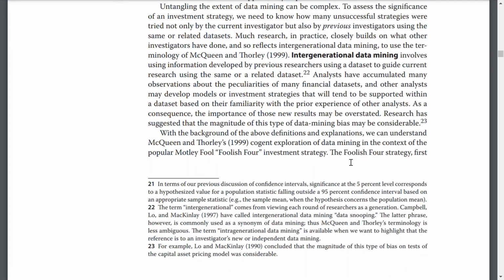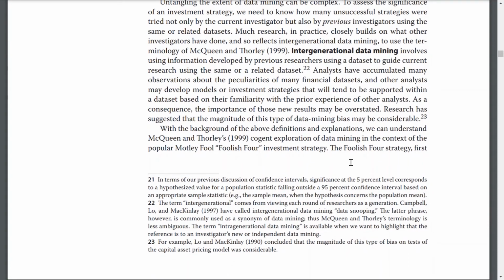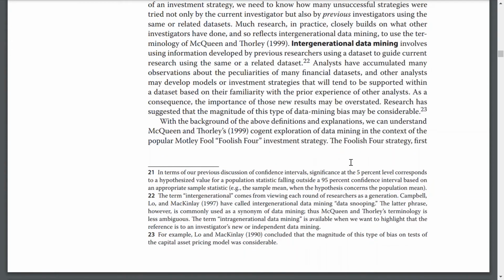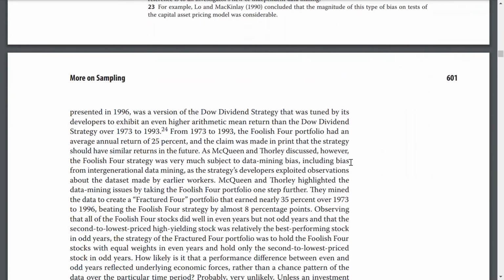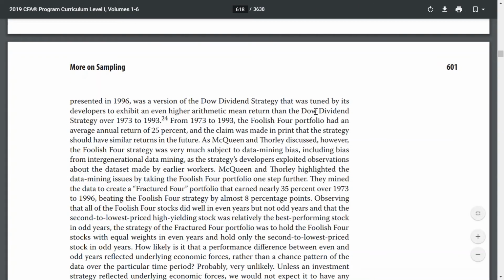We can illustrate McQueen and Thorley's 1999 cogent exploration of data mining in the context of the popular Motley Fool investment strategy, the Foolish Four strategy, presented in 1996.